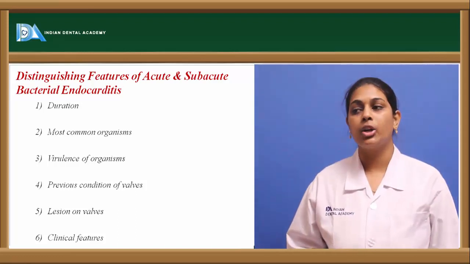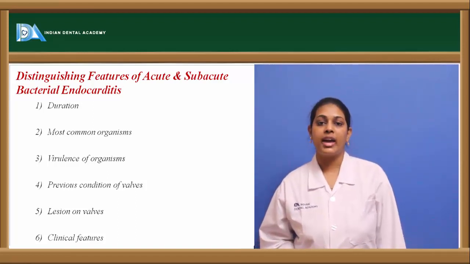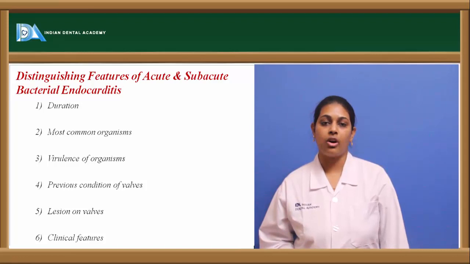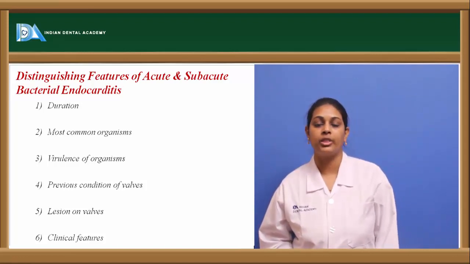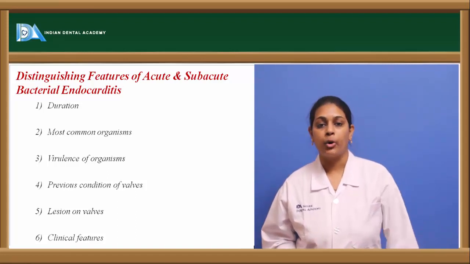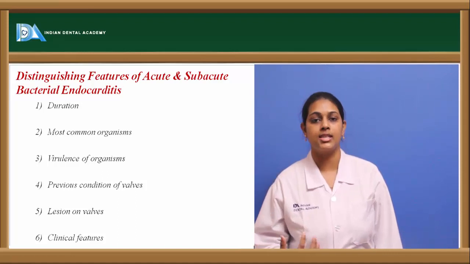Whereas in subacute, the patient mostly has a history of damaged valves or other kinds of heart disease or cardiomyopathies, which help the already present microorganisms to progress and cause this disease.